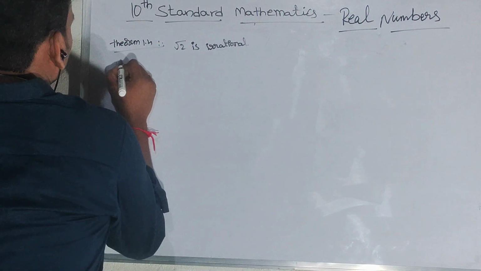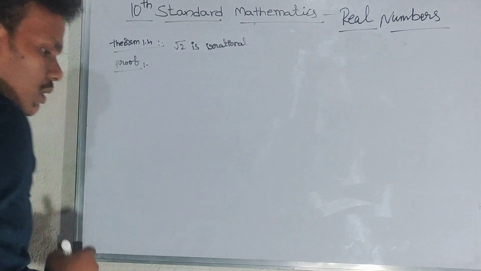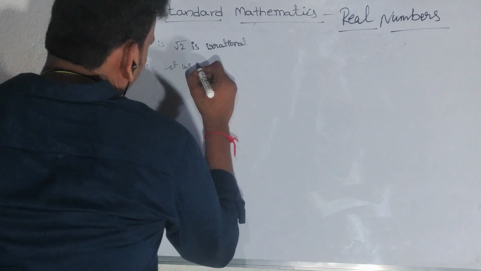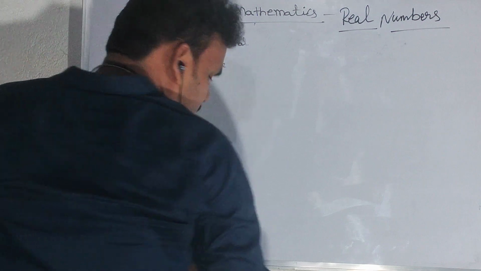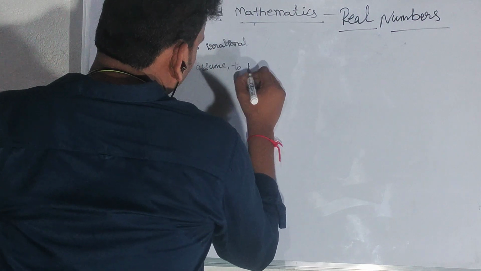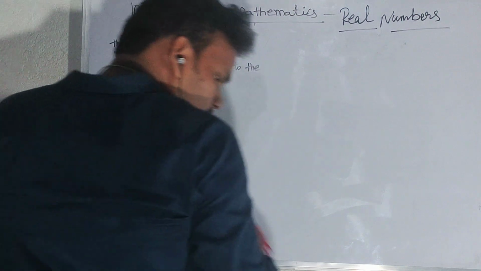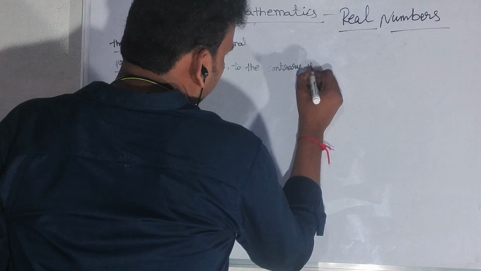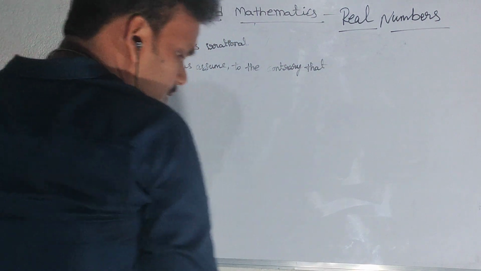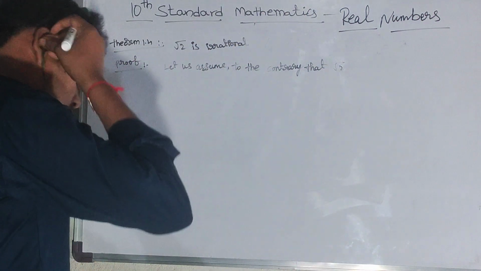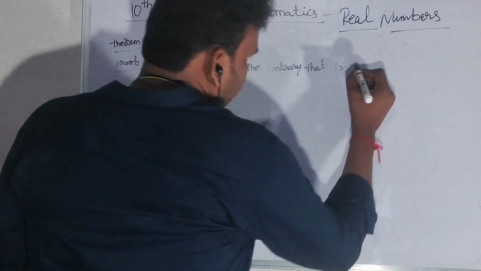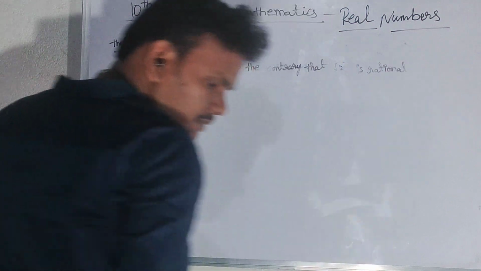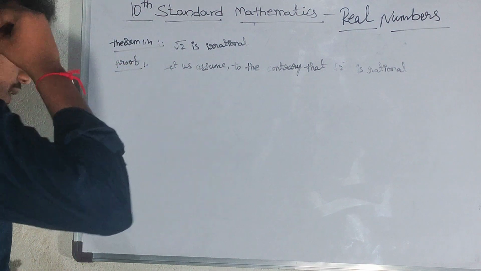Proof: let us assume to the contrary that square root 2 is rational.